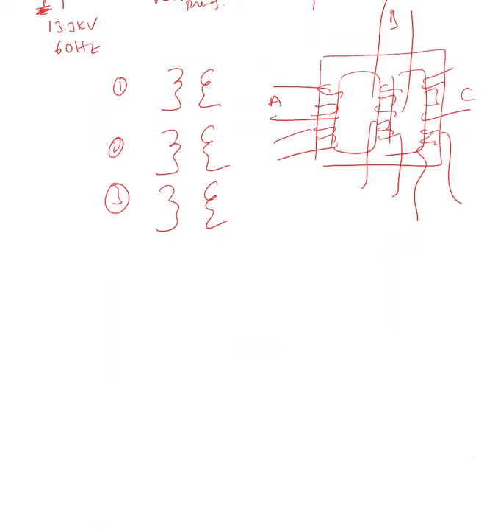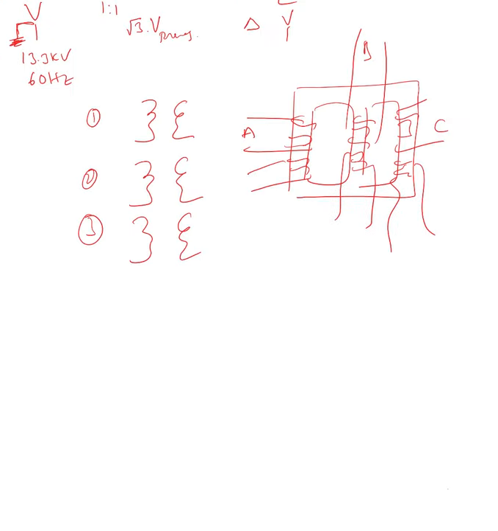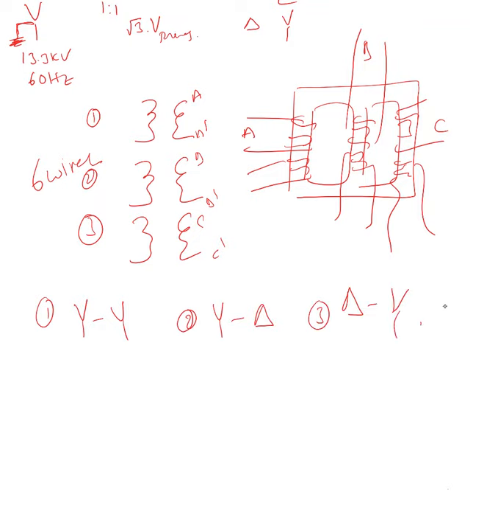Now you can see we have 3 windings on the primary side, so a total of 6 wires on the primary side and 6 wires on the secondary side, A prime, B prime, C prime. We can connect either Y-Y connection, Y-delta connection, delta-Y connection, and delta-delta connection.